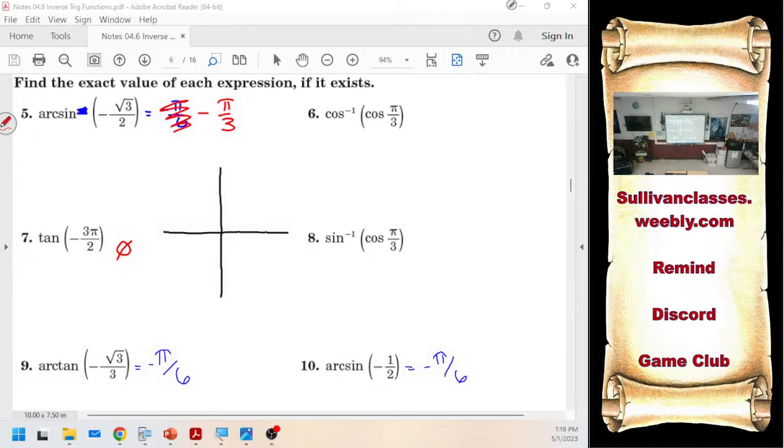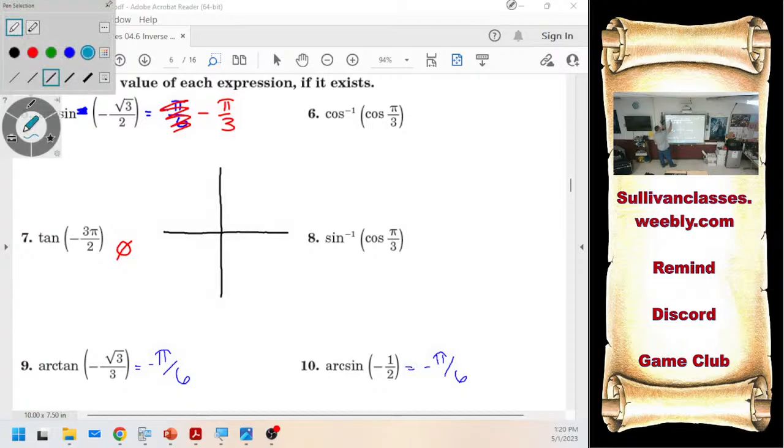No, the sine value at negative pi over 6 is negative 1/2. This is negative root of 3 over 2. It's here. You did the cosine. Oh, it's sine, so it's down here, so then it would be 5 pi over 3. Yeah. Negative pi over 3, got it. No, you got it.